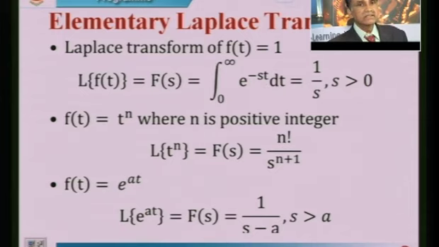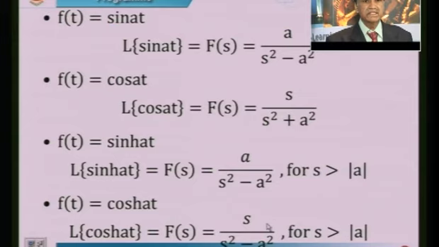Then the integration comes to be e to the power minus t into s minus a divided by minus of s minus a. Then simplification comes, again putting back, e to the power minus infinity becomes 0, then it gives 1 by s minus a.